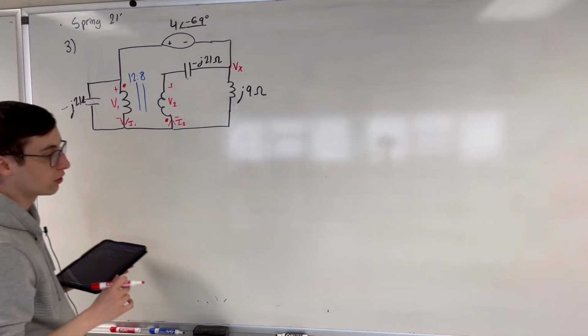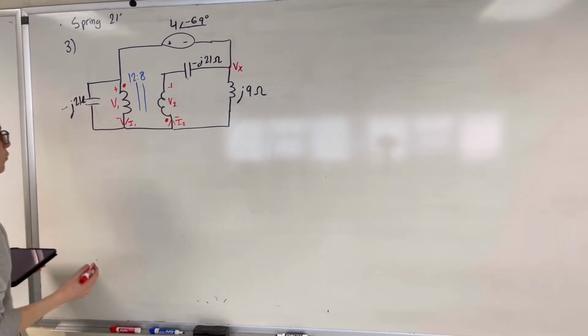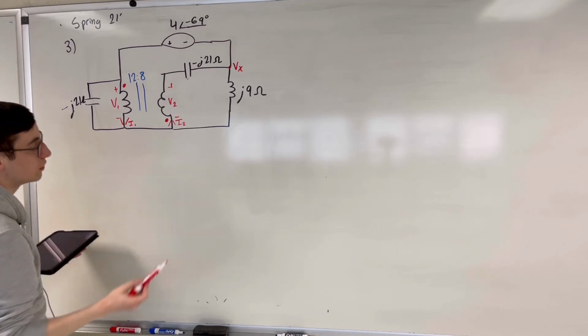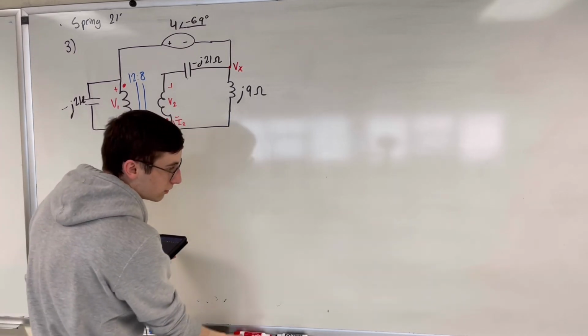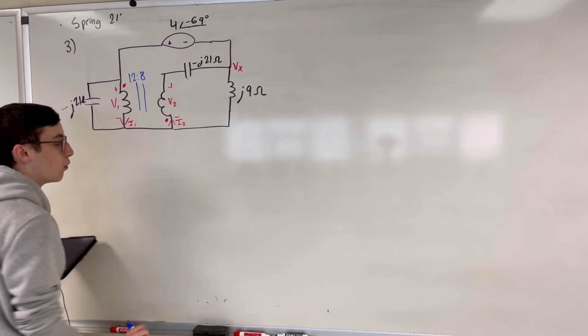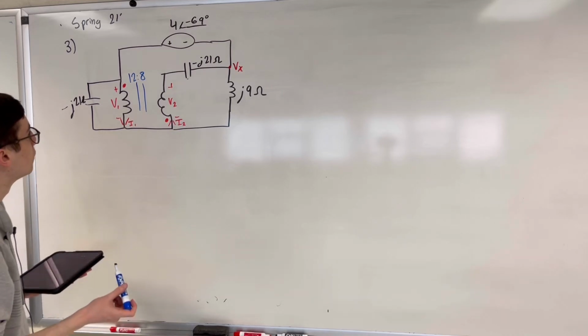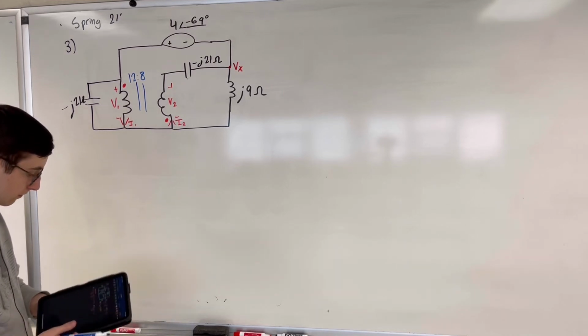You can assign the currents however you want, but doing them this way, current and voltage this way, just makes it easier to detect the positive or negative dot convention for ideal transformers.